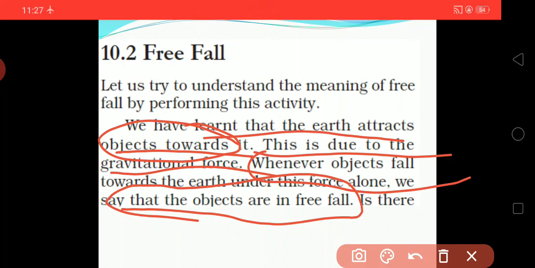From this we can see that a certain force is exerting on that object, because of which the object is coming downward. Because of that force, the object will come down, and the phenomenon is said to be free fall.